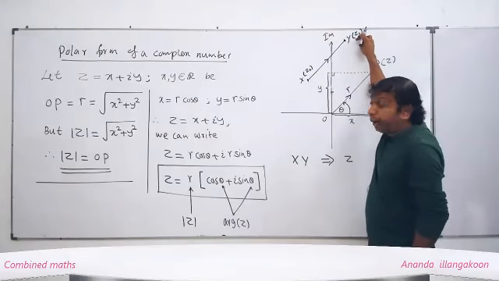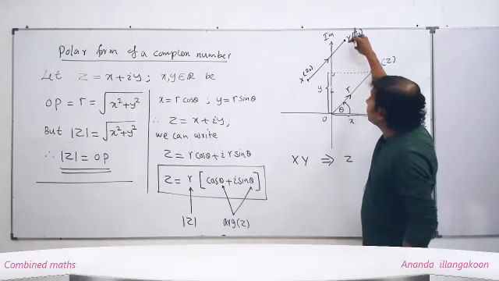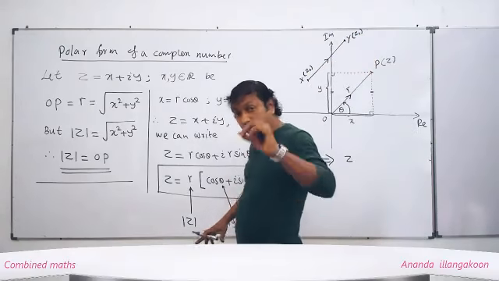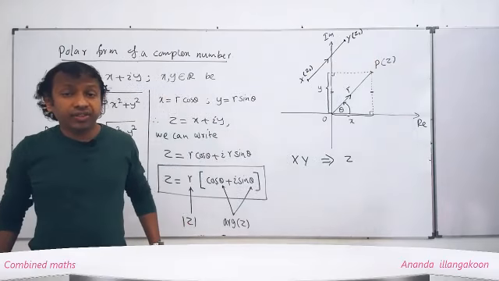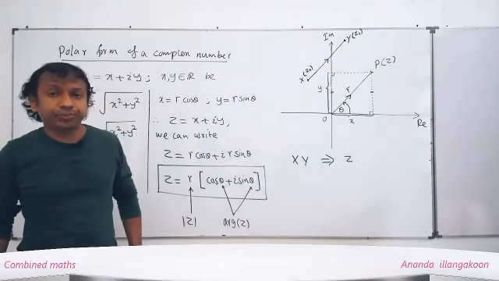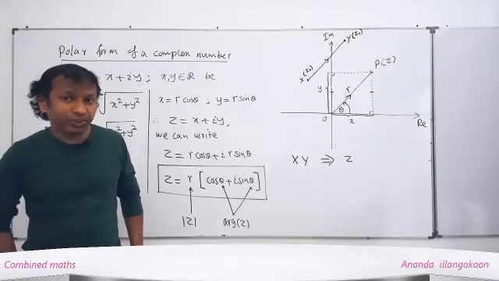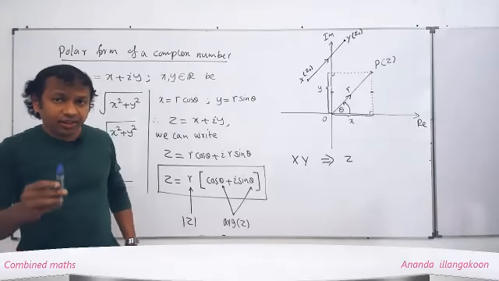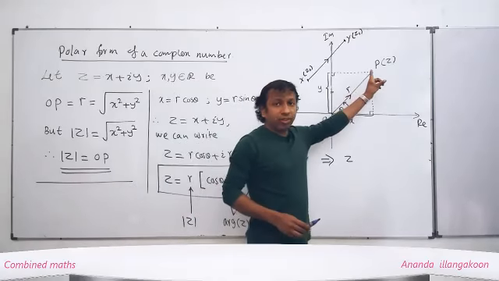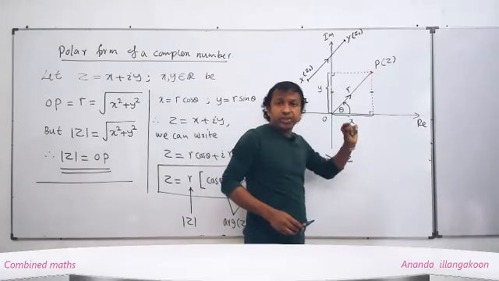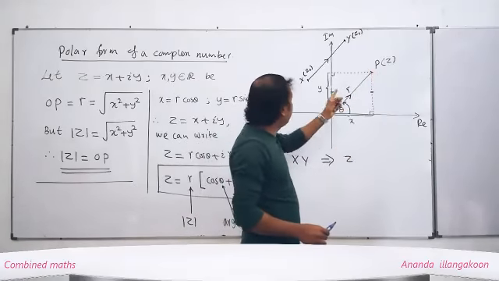Right. And the line segment from X to Y, we said it is representing the complex number Z. People, we can prove the complex number represented by the line segment OP is Z. The same complex number is represented by this XY.